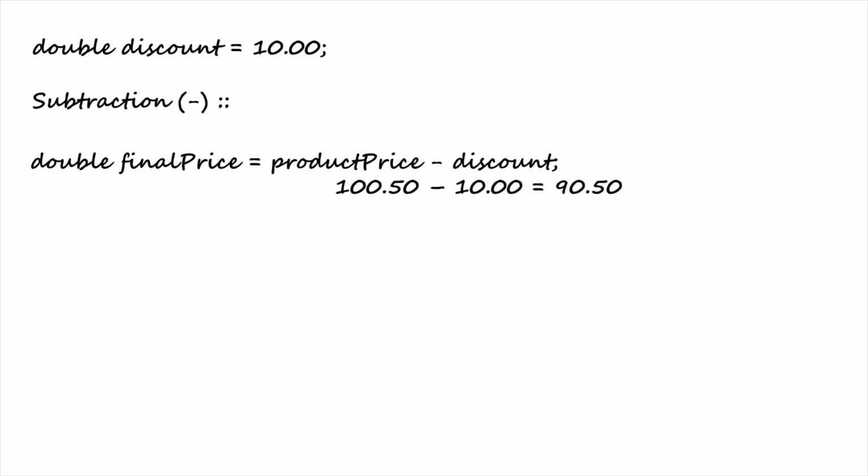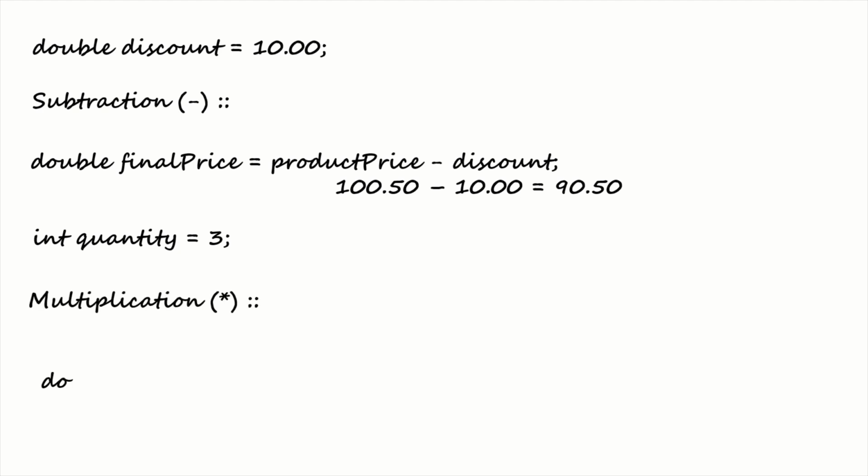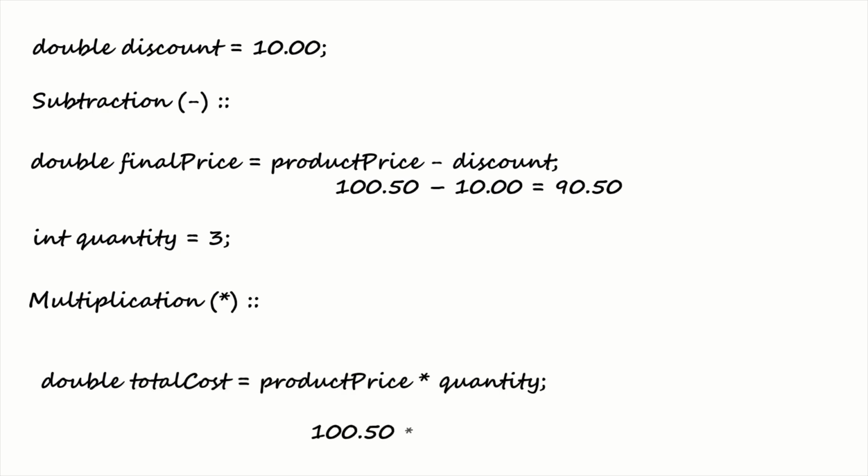Assume I want to buy a particular product in more quantities, maybe 3 quantities. In that case, I want to find the total price. My product quantity is 3 and my product price is 100.5. To calculate the total price, I can go with multiplication: the product price times quantity.